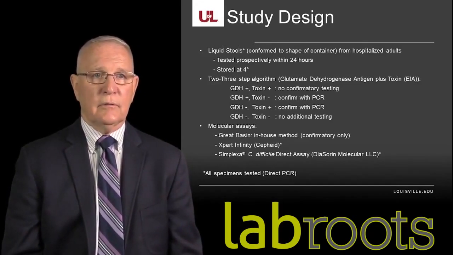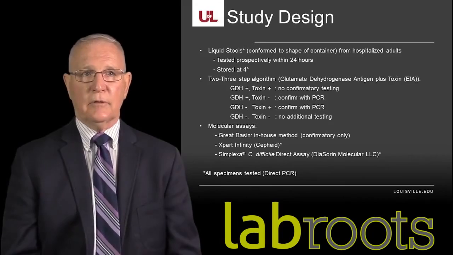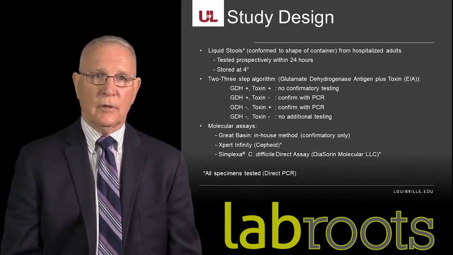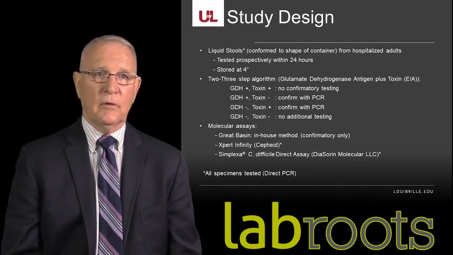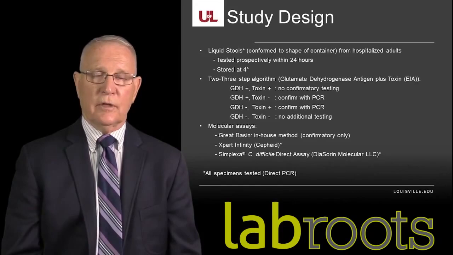Once again, if the GDH happens to be negative and the toxin was positive, we would confirm with PCR. If both the GDH and the toxin are negative, no additional testing was done.